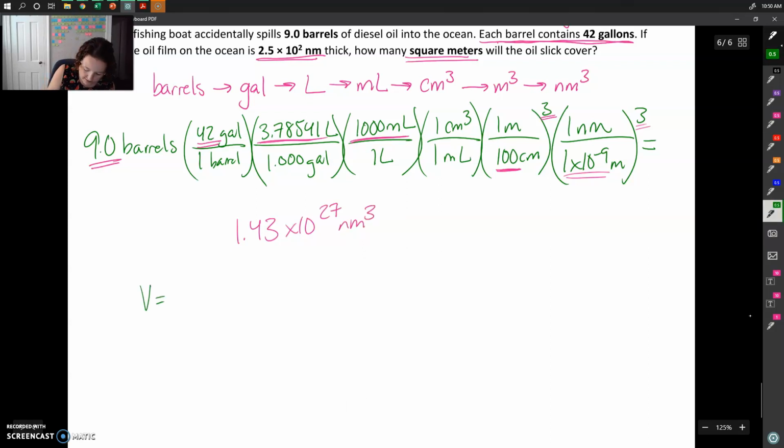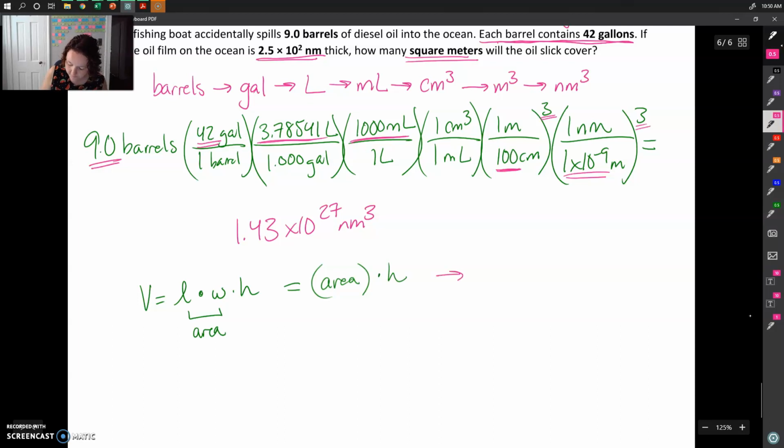And so now I'm going to use the relationship between volume and height. Volume equals length times width times height. And the length and the width here represent the area. So volume equals the area, which is what we're interested in, times the height. And so if I want to solve for area here, I can rearrange this and recognize that the area is going to be equal to the volume divided by the height.